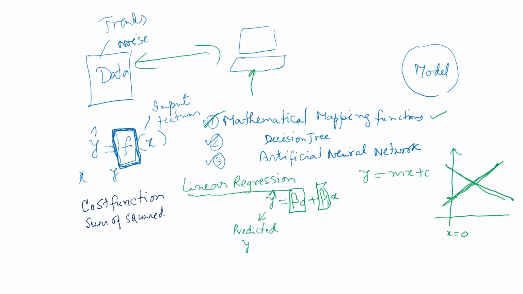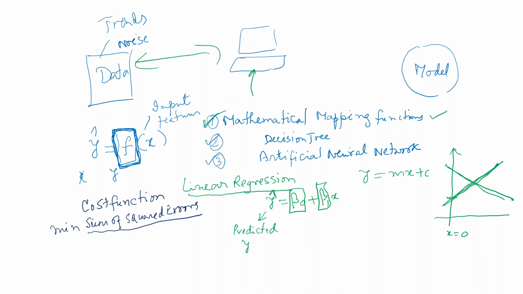Out of thousands and thousands of lines that are possible in the space of our training data, we pick the one line where the sum of squared errors is minimum. The sum of squared errors function is called the cost function.